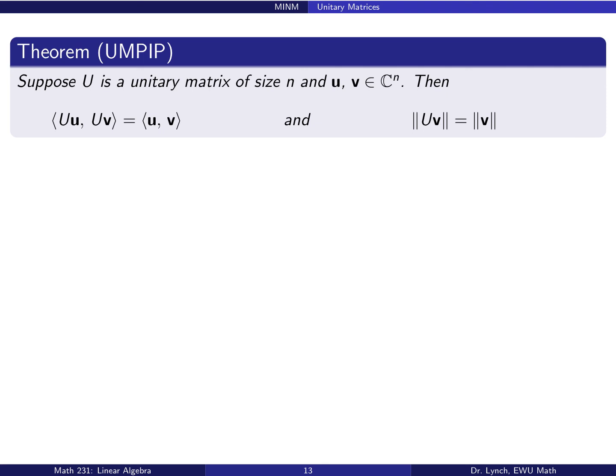I'll state this without proof here as well, but the take-home message is that multiplication by a unitary matrix does not change the angle between vectors, and it also does not change the length of vectors.